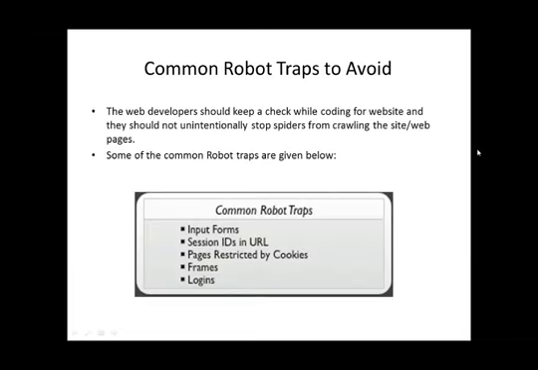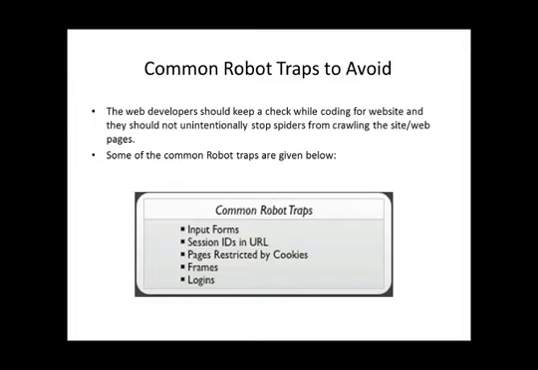Ideally, while we code for any URL, there are certain things that we unintentionally do that stop the spiders from crawling any web page or the entire website in one go. There are certain common robot traps that we should keep in mind, and we should always avoid these things while coding individual URLs.